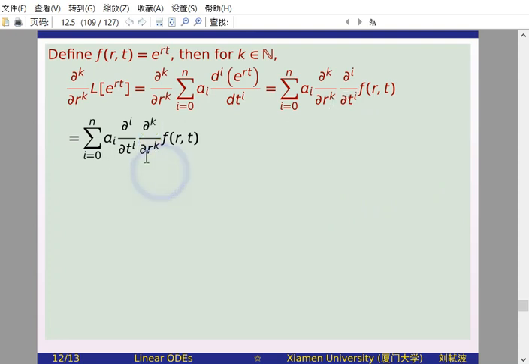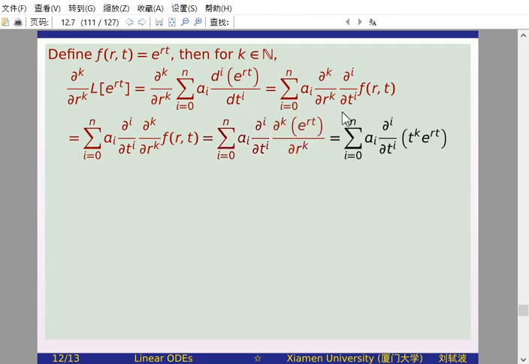Now let's have a look at this. This is the k-th ordered derivative of f(r,t) with respect to r. So that is e^(rt) taking the derivative with respect to r k times. The first derivative of e^(rt) with respect to r is t e^(rt). Take the derivative with respect to r again, you get another t, therefore t squared.